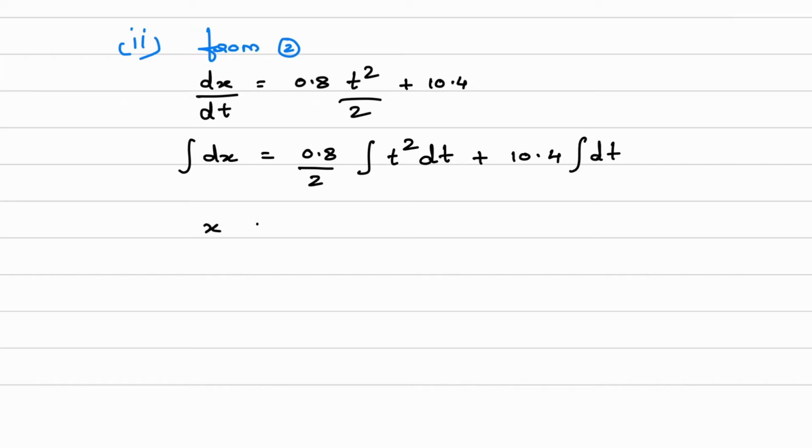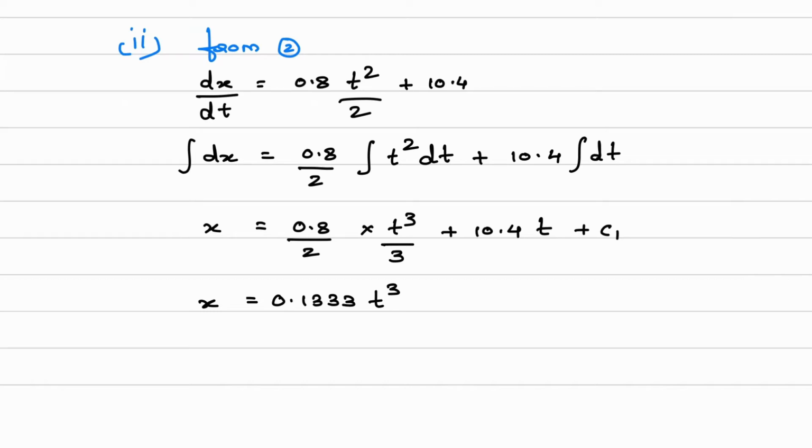So x is equal to, if you simplify this, we'll write down this 0.8 by 2, this will become t cube by 3 plus 10.4 t plus c1. So we'll simplify this further. X is equal to 0.1333 t cube plus 10.4 t plus c1.